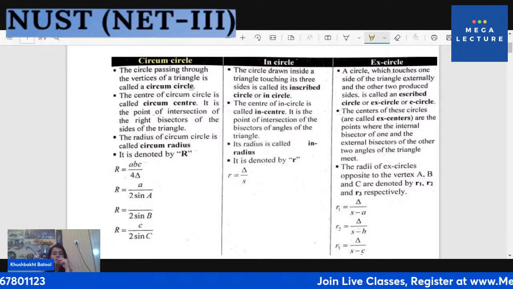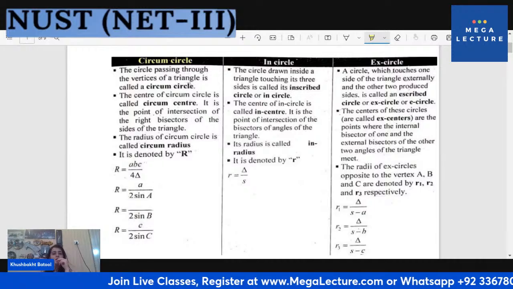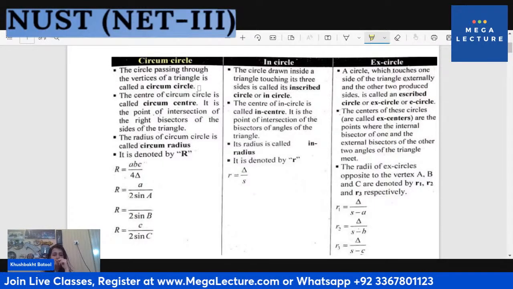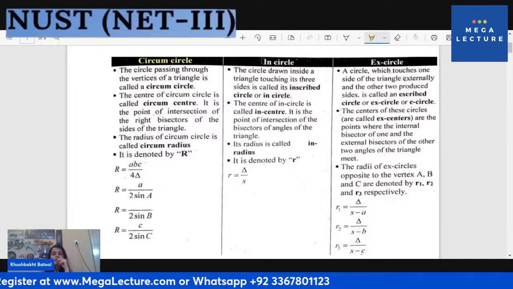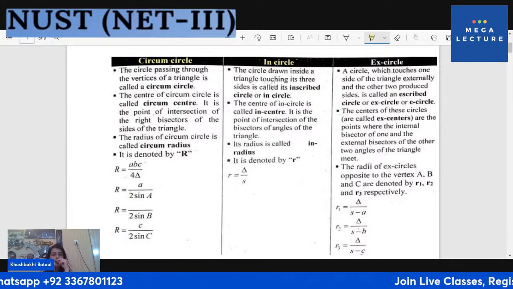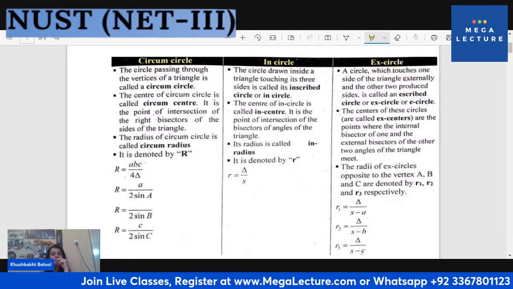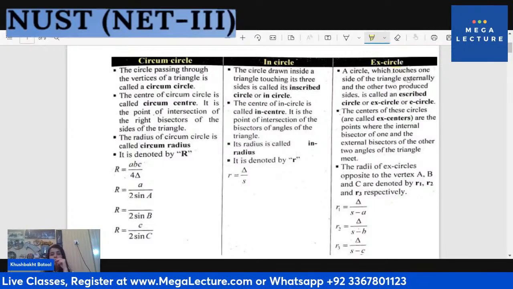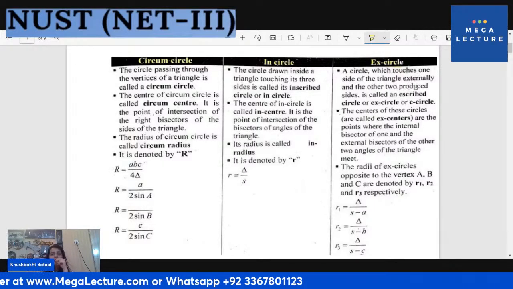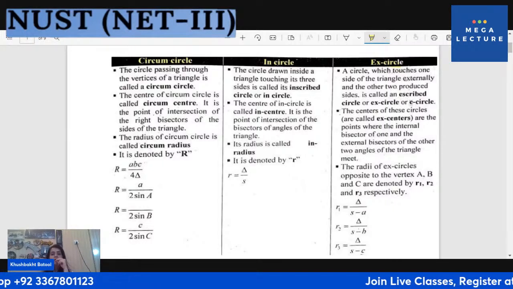Then incircle: the circle drawn inside a triangle touching its three sides is called the incircle. And what is an excircle? A circle which touches one side of the triangle externally and the other two produced sides is called an excircle or e-circle or escribed circle.